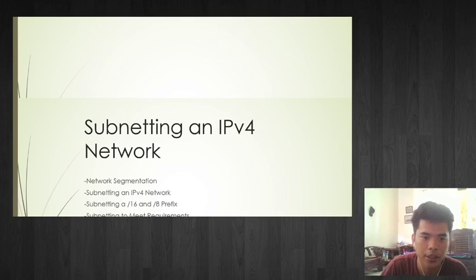subnetting a /16 and /8 prefix. So guys, creating a subnet with a /16 prefix: in a situation requiring a larger number of subnets, an IPv4 network is required to have more host bits to borrow from.